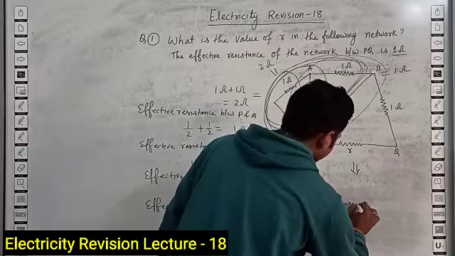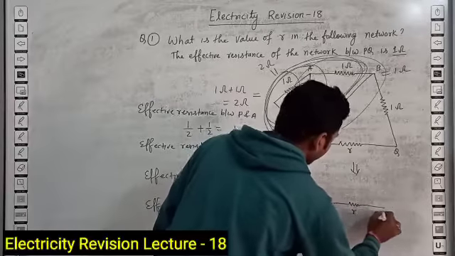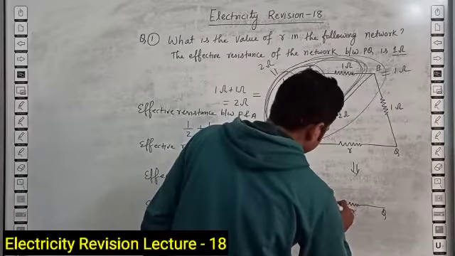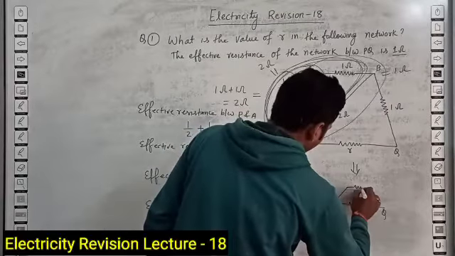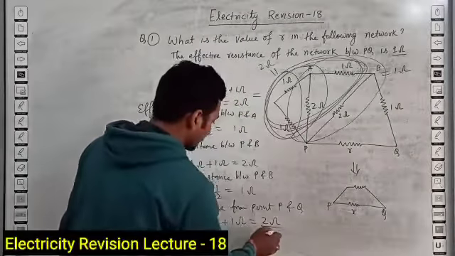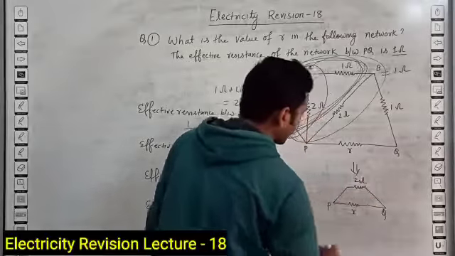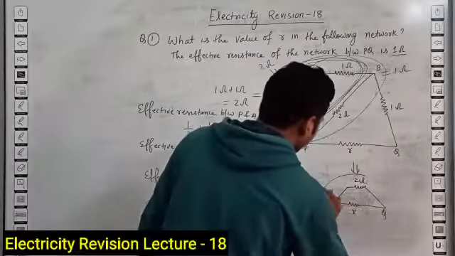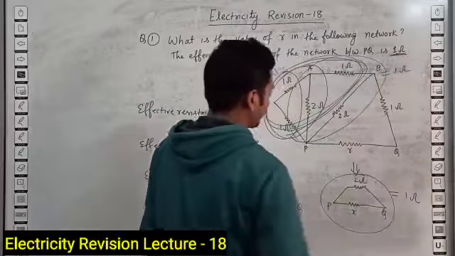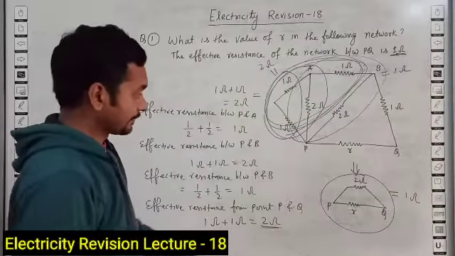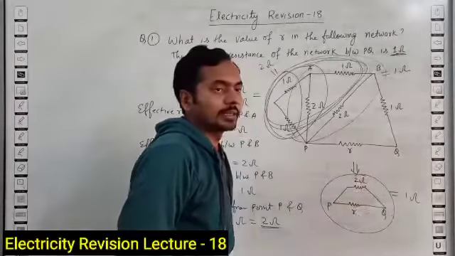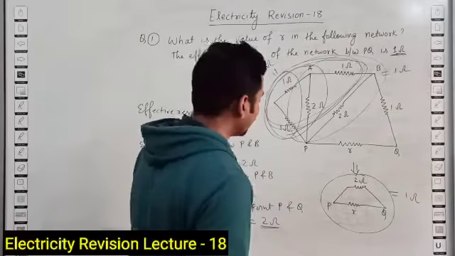Here we have P and Q, R, and another we have this 2 ohm, and the overall effective resistance given in the question is 1 ohm. So how to calculate? 2 ohm and R both are connected in parallel to each other.